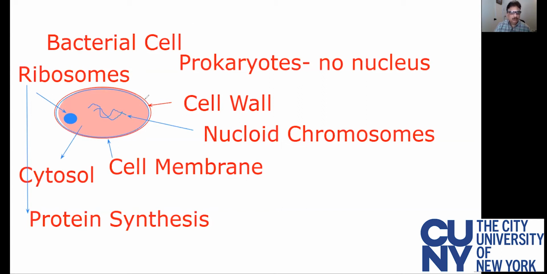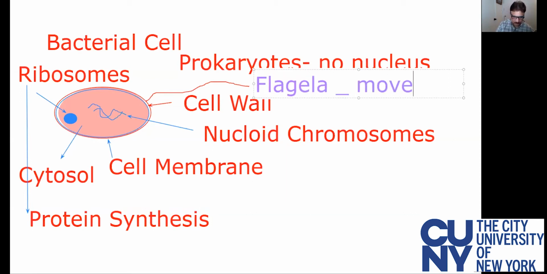One is long, like a whip-shaped structure. And this long whip-shaped structure is called flagella, which helps in the movement or locomotion of bacteria.